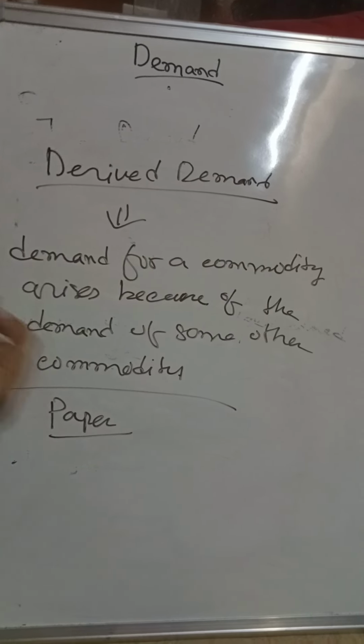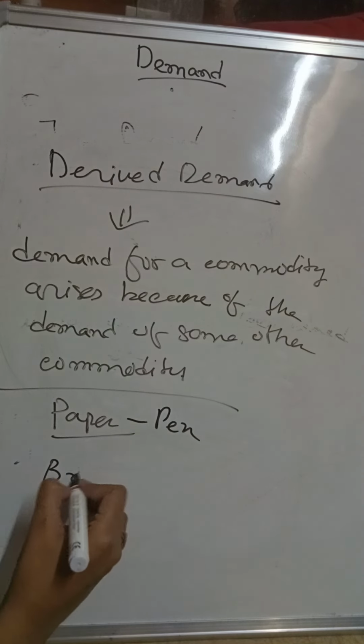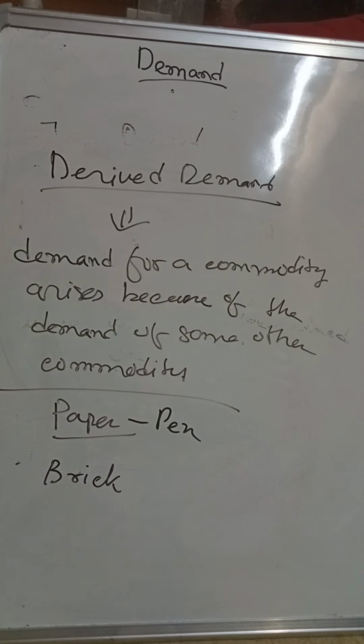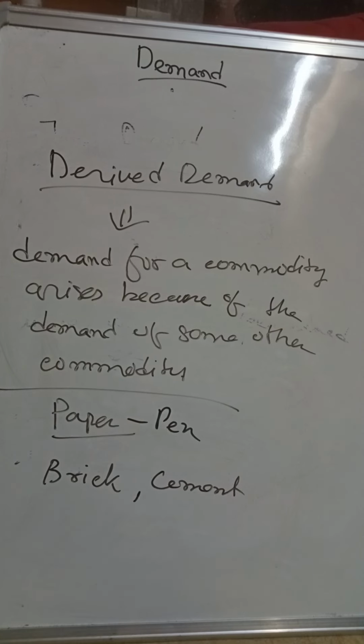Again, for example, you can take the example of brick, cement, stone. When you are planning to construct a house or a building, at that time only brick and cement will not do.